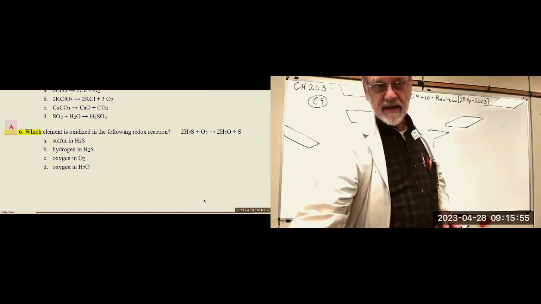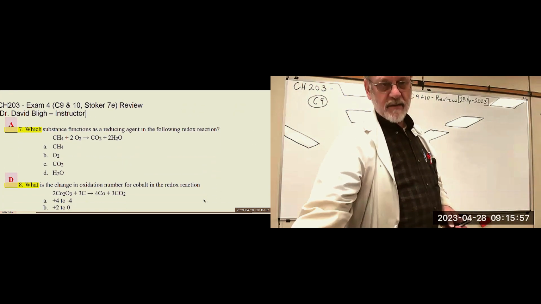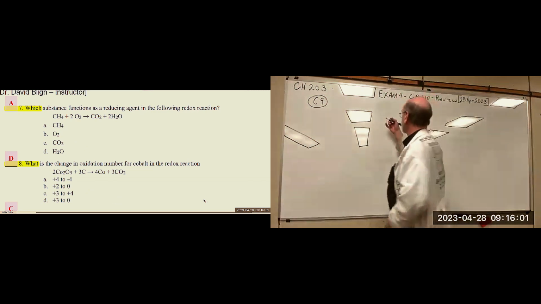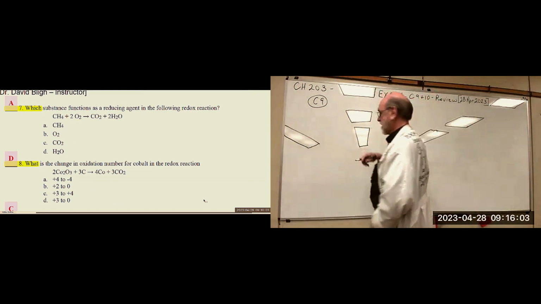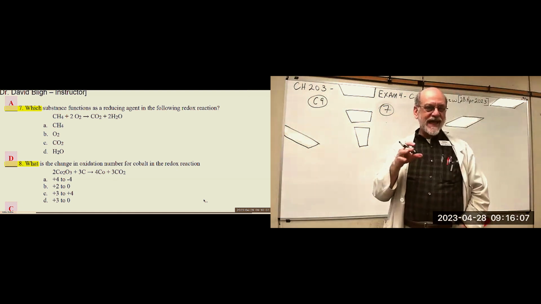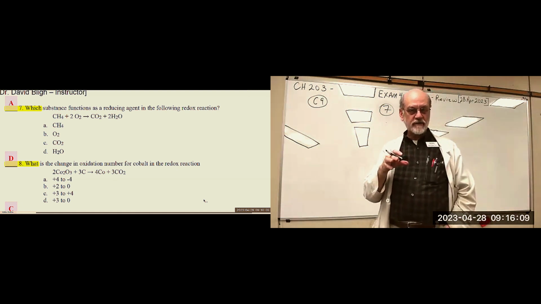All right. Number 7, see if I can squeeze both of them, 7 and 8. Which substance functions as a reducing agent in the following redox reaction?